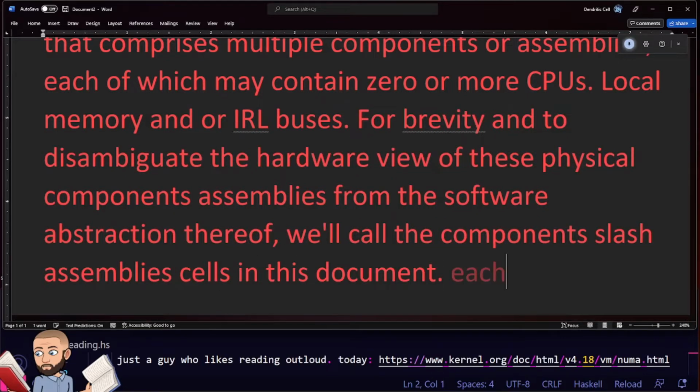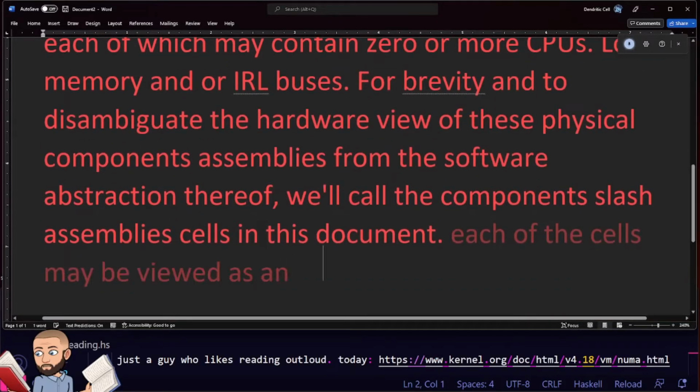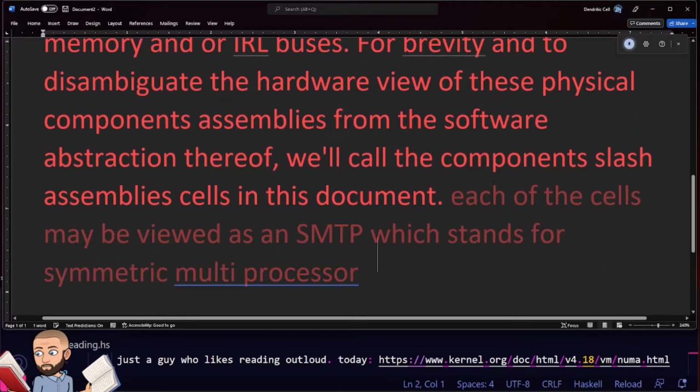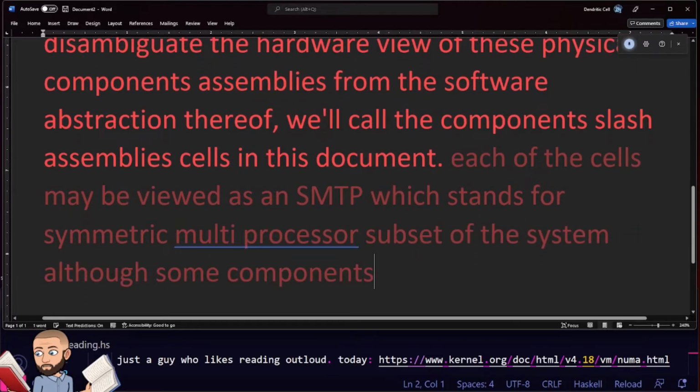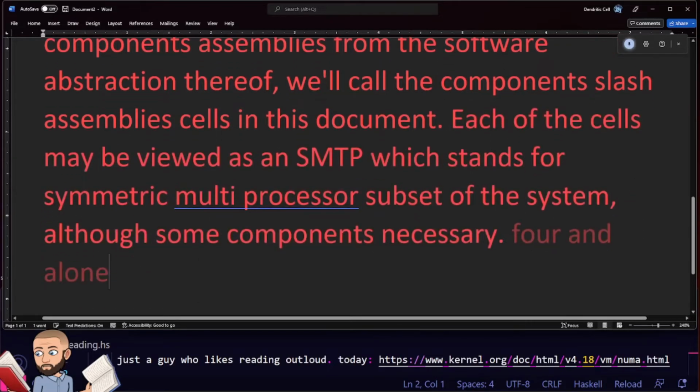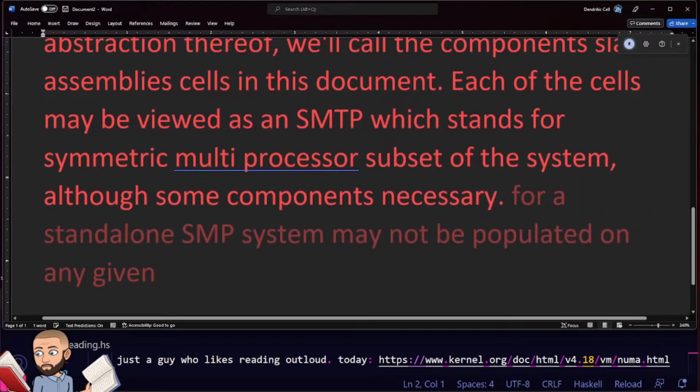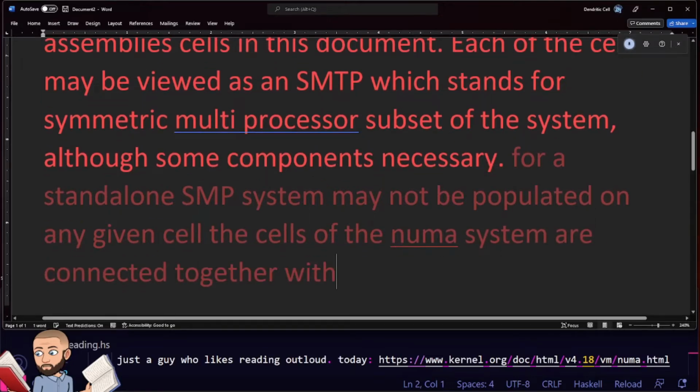Each of the cells may be viewed as an SMP, which stands for Symmetric Multiprocessor, subset of the system, although some components necessary for a standalone SMP system may not be populated on any given cell. The cells of the NUMA system are connected together with some sort of system interconnect.